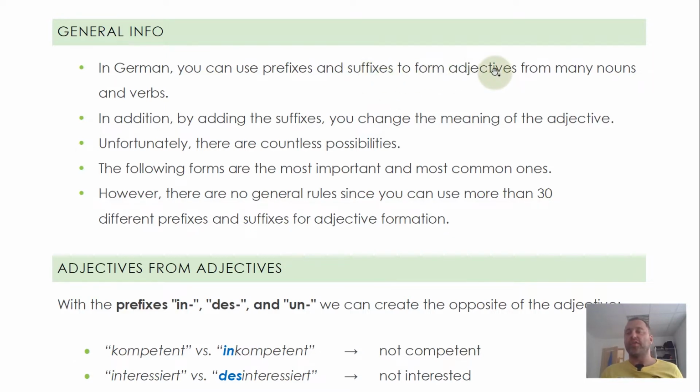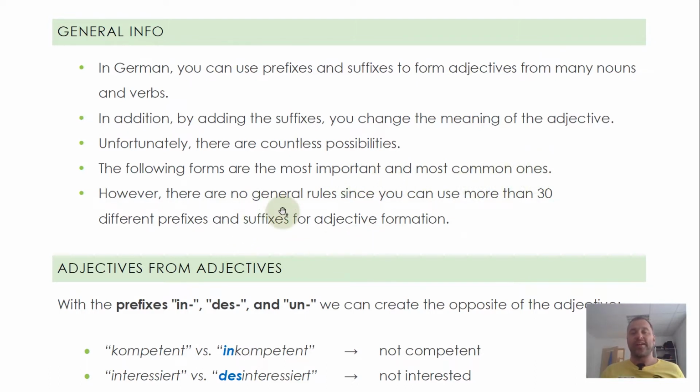And we also use nouns to create adjectives, and we can also derive them from verbs. And by doing so, we change the meaning of the adjective. Unfortunately, there are countless possibilities. And in this video, I will cover the most important and most common ones.